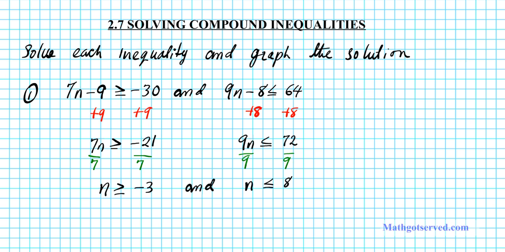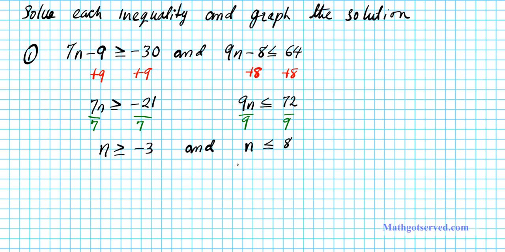Now, since this is an and, or conjunction, we can combine these two inequalities into one. So we put n in the center. n is greater than negative 3, so the value that n is greater than goes to the left, negative 3. And then we have less than or equal to.